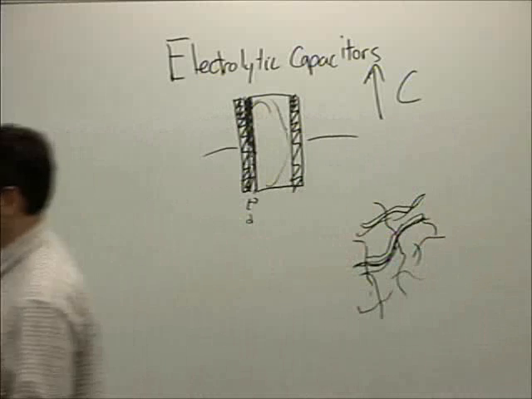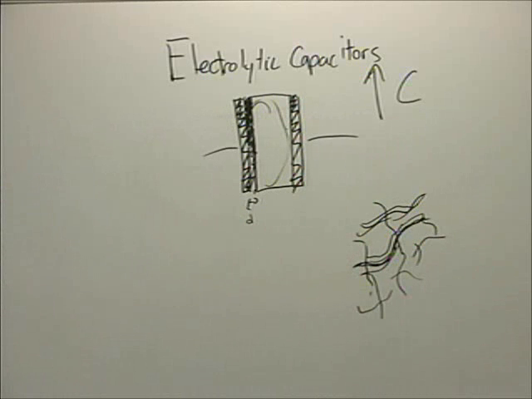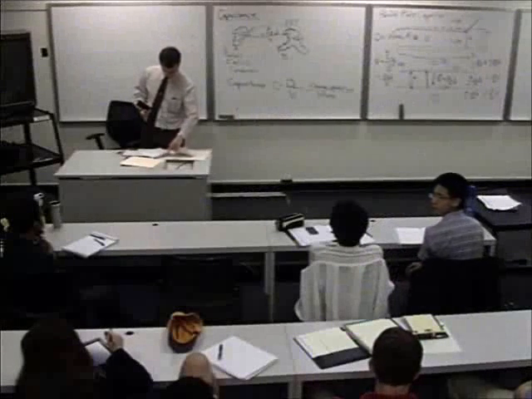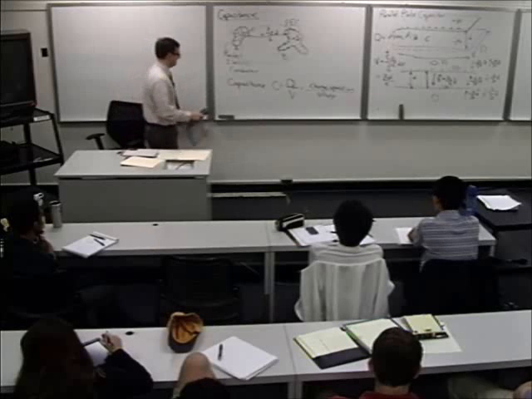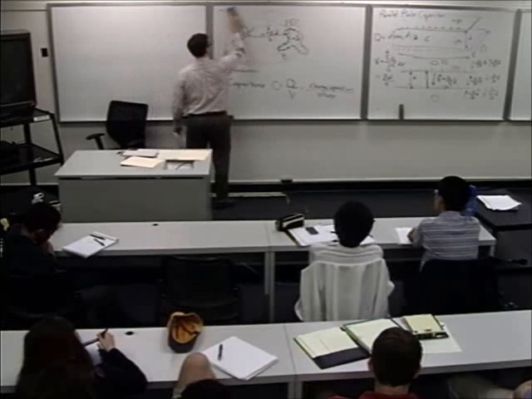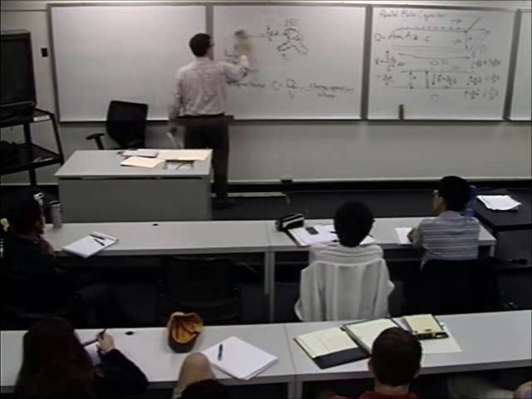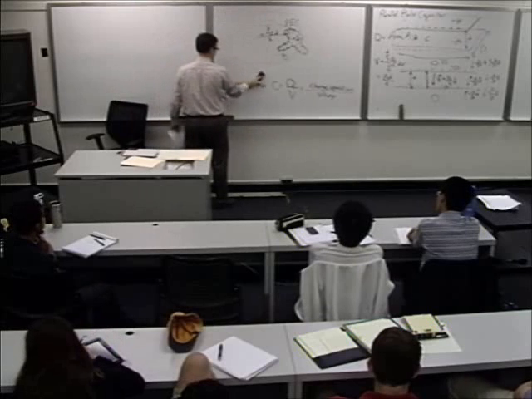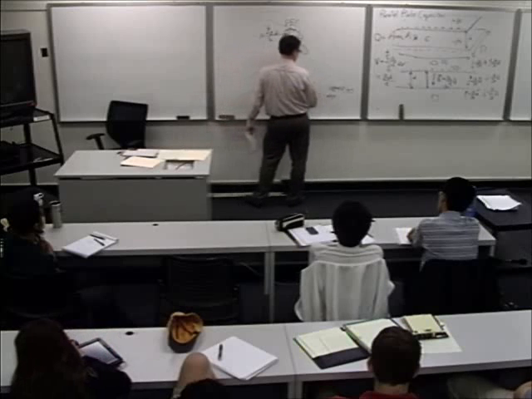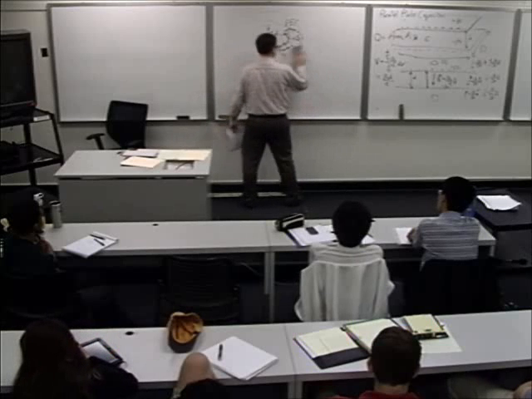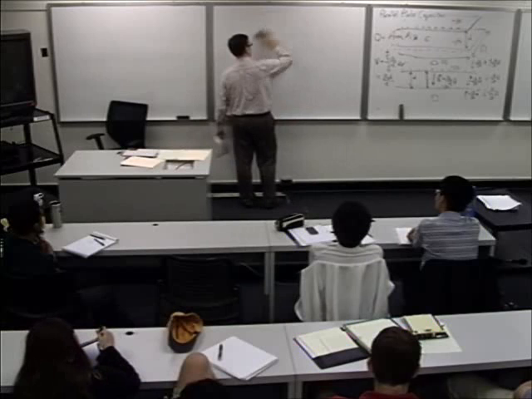Okay, let's keep going. Let's see if we have time to finish this one off. We have this device that we studied at the beginning of the term called a coaxial cable.